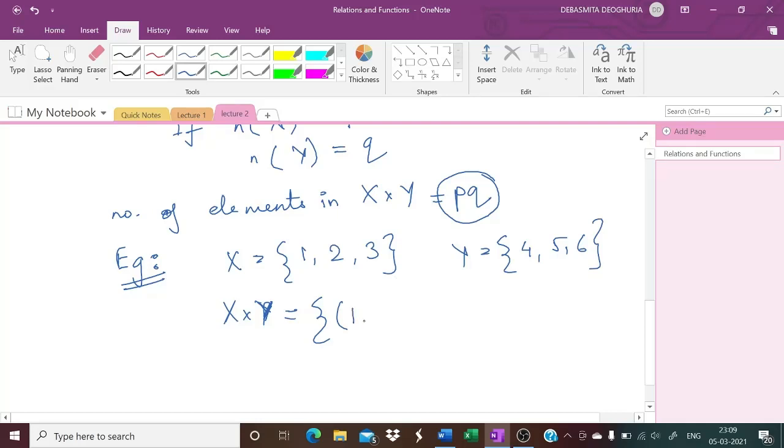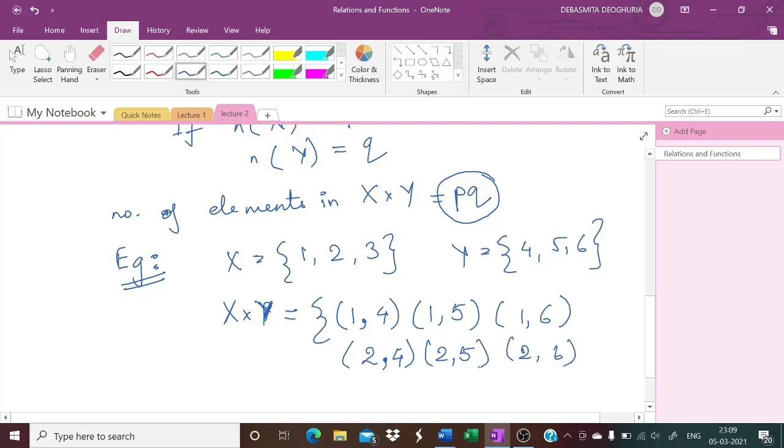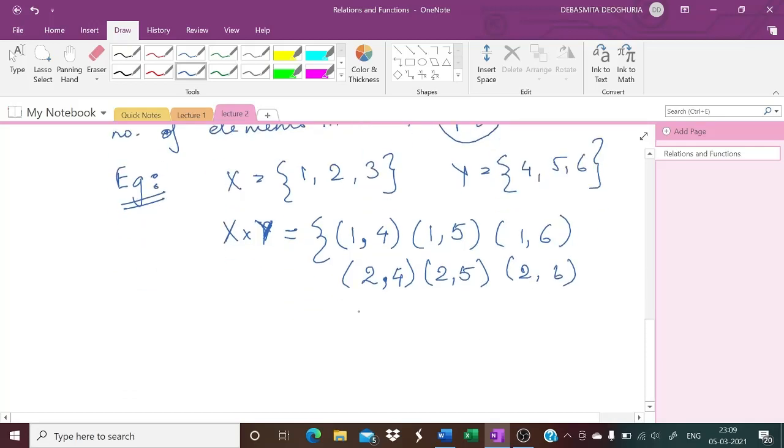Suppose I have 1 from this set: (1, 4), (1, 5), (1, 6). Next, taking 2 from X, we can take 4 from Y, 5 from Y, 6 from Y. Taking 3 from X, we can take 4 from Y, 5 from Y, 6 from Y.